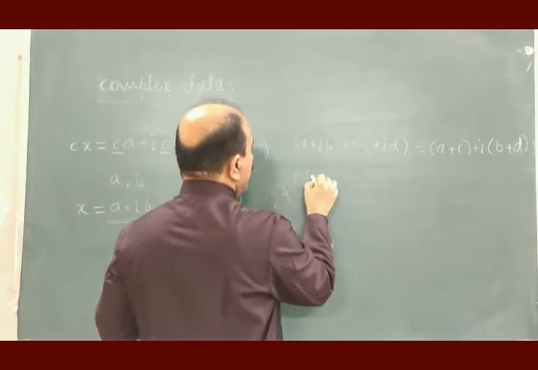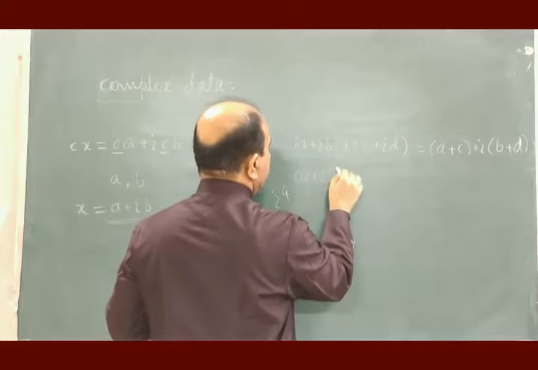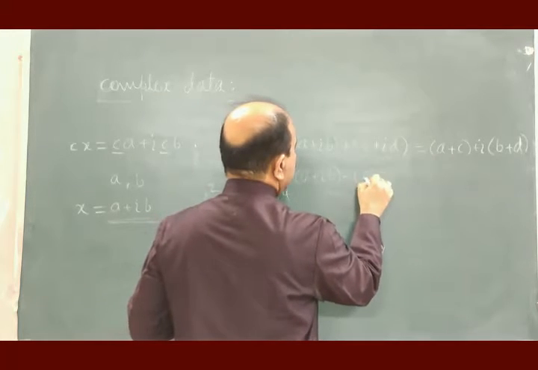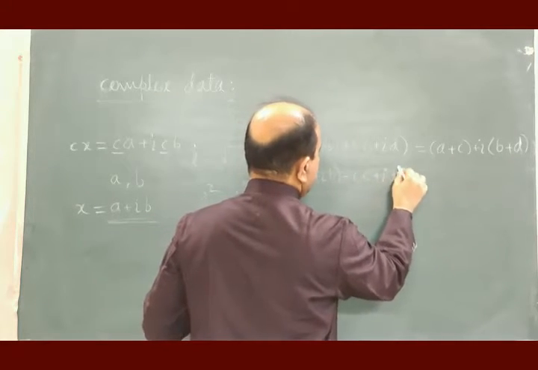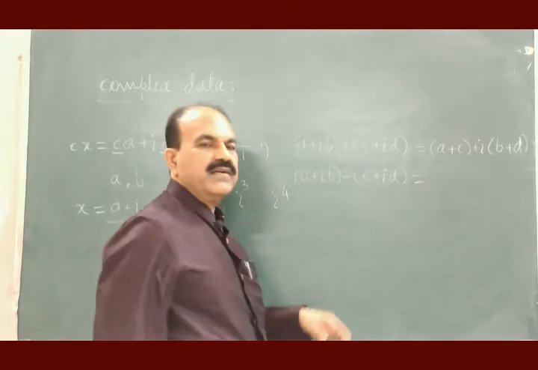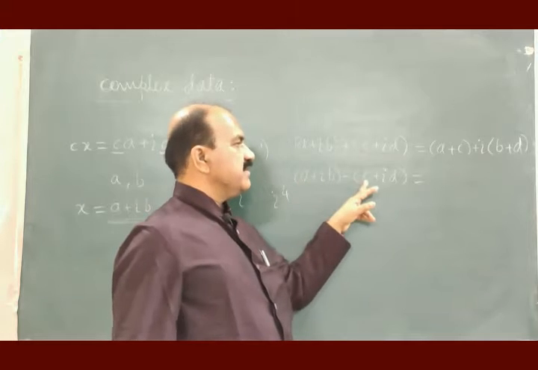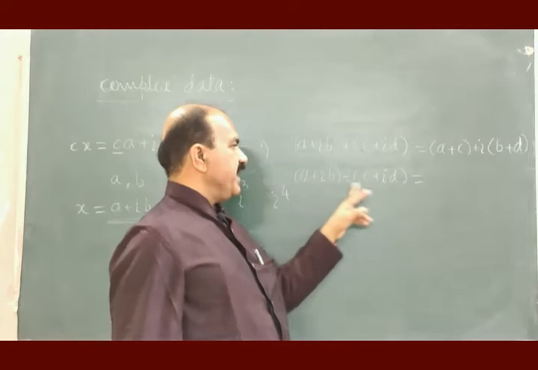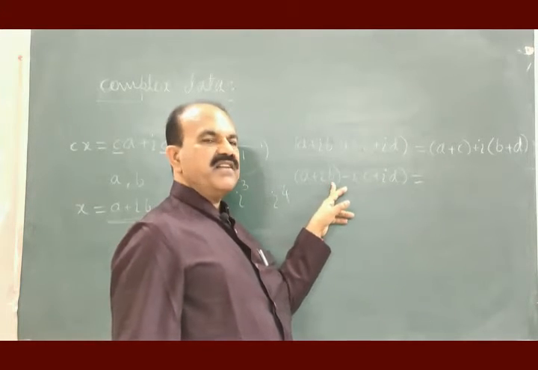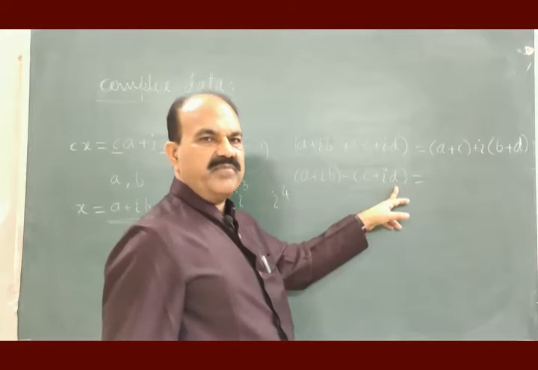Similarly, we can also do subtraction of two complex numbers, and subtraction of these two complex numbers will be real part minus real part, I taken common, this imaginary part minus this imaginary part.